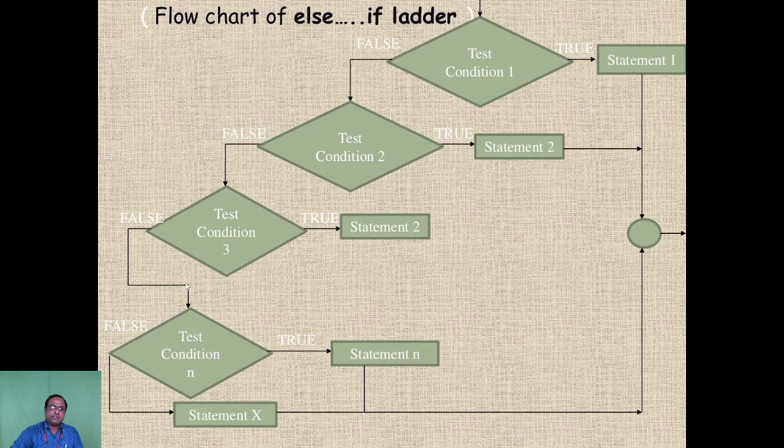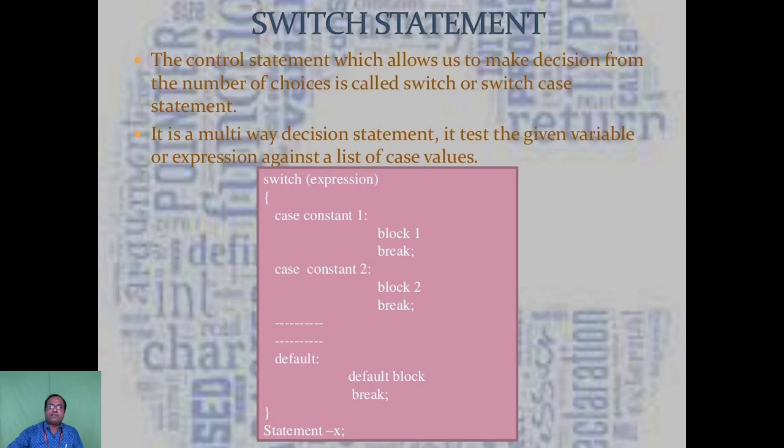If it is false, it will go to condition 3. If condition 3 is true, it will go to its statement. If the condition is false, it will go to test condition n. If the test condition is true, statement n will be executed. If it is false, finally statement x will be executed. So this is called the else if ladder.